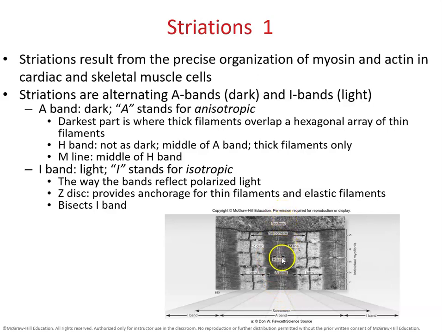We have a central region in the center called the H band, and then the Z disc is the dark striation within the light band. Okay, so A is the dark band, and I is the light band. So here's your light band, your I band, and your dark band is your A band. Okay, and the Z disc is the anchoring point for the actin thin filament.